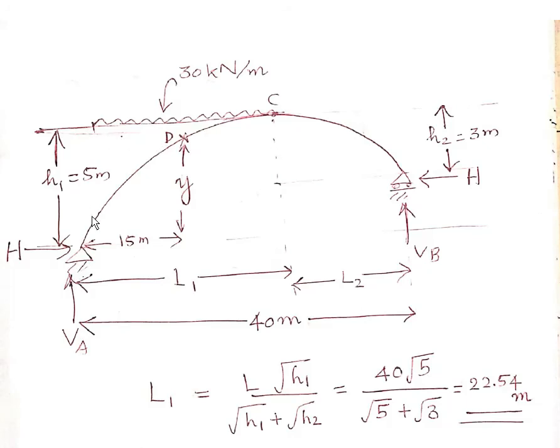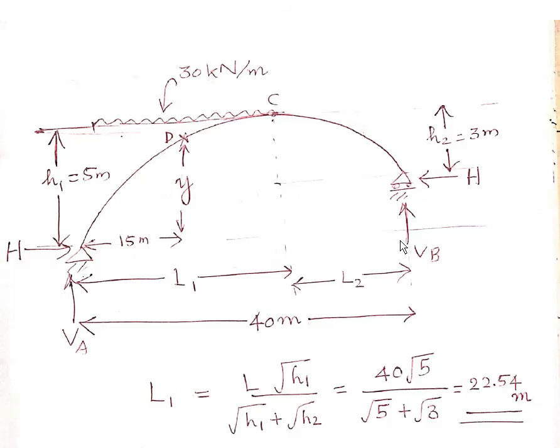Plus there is this force H here, so plus H into this level difference between H and A. This level difference between H and A is 5 minus 3, 2 meter. So there is a moment at A due to this H, which is H into 2, in the positive direction, correct, in the sagging direction.